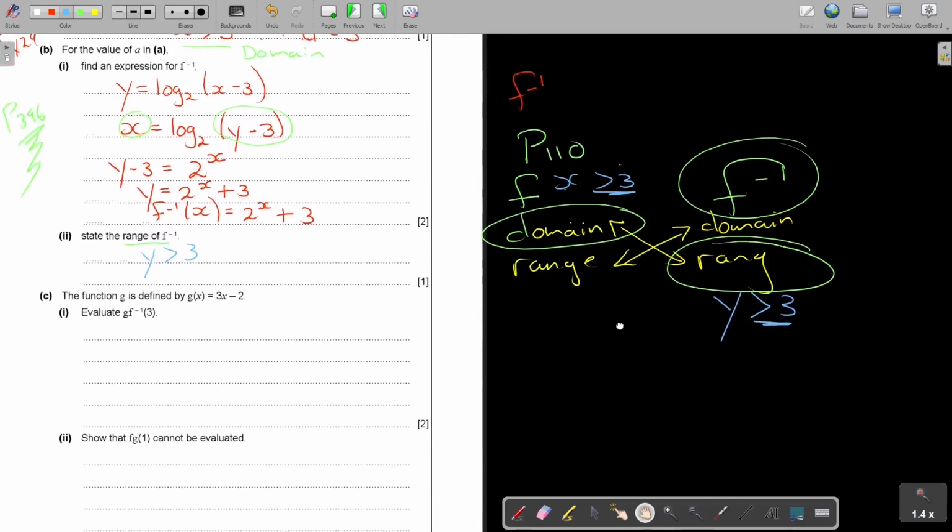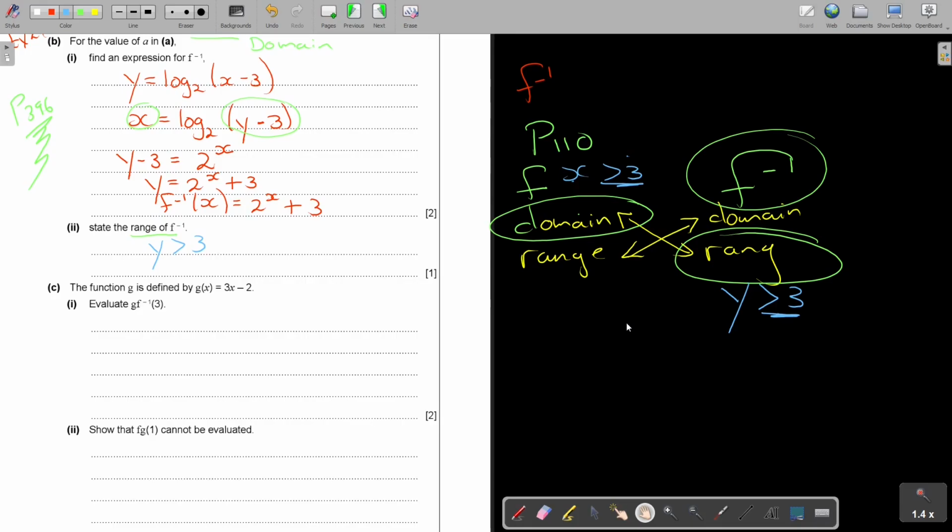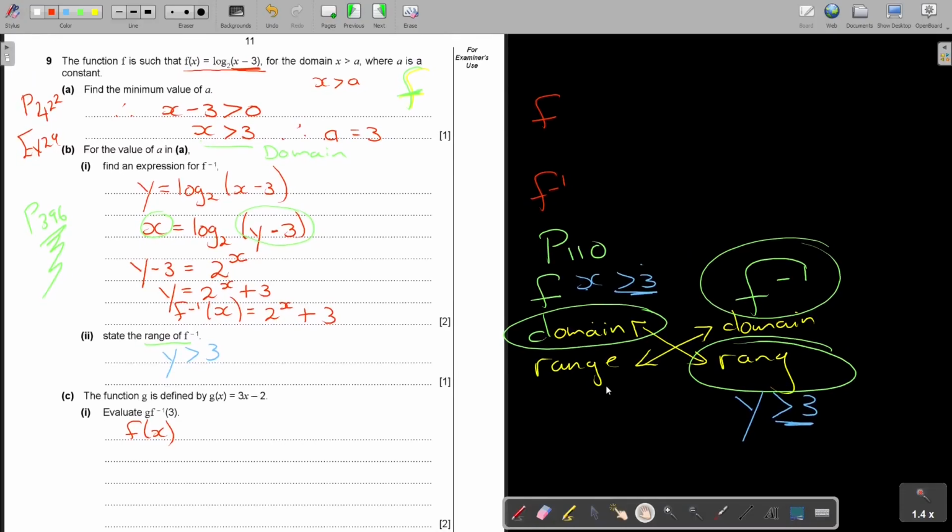And then I go on, number C, the function g. Now they bring in g, it's a straight line, evaluate. So I always like writing f here. What is my function of f? Don't forget your original, it was there on top.